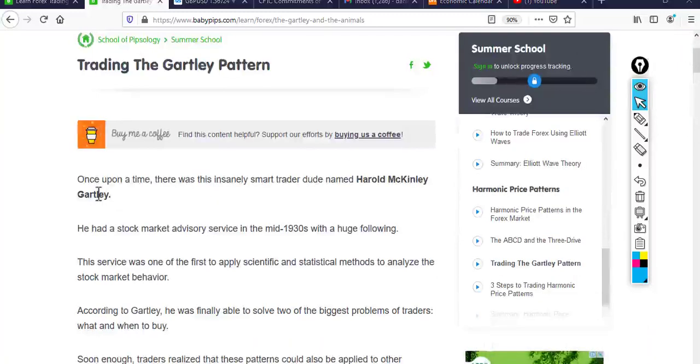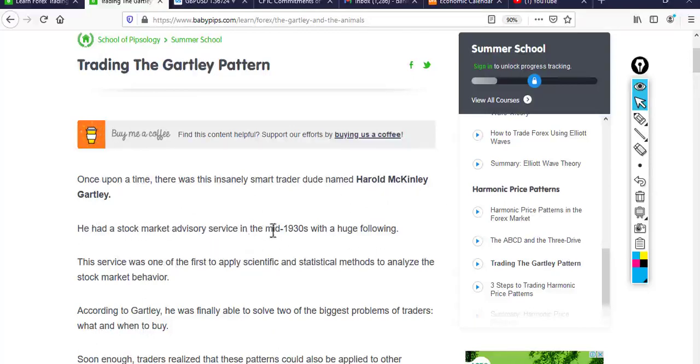So as you might already be thinking, the word Gartley, or Gartley pattern, in fact Gartley is the name of somebody, the man who invented the harmonic patterns. His name is Harold McKinley Gartley.